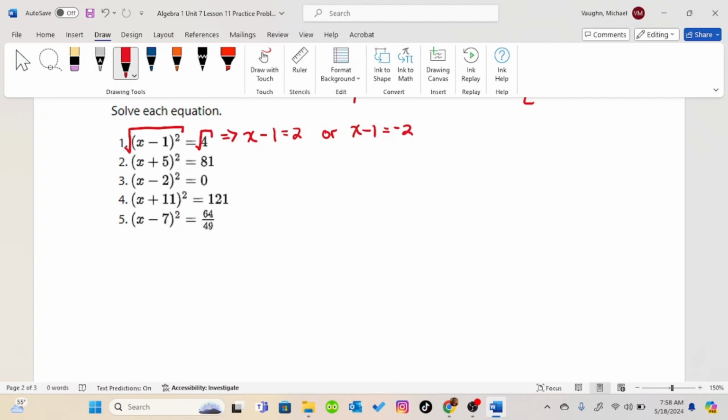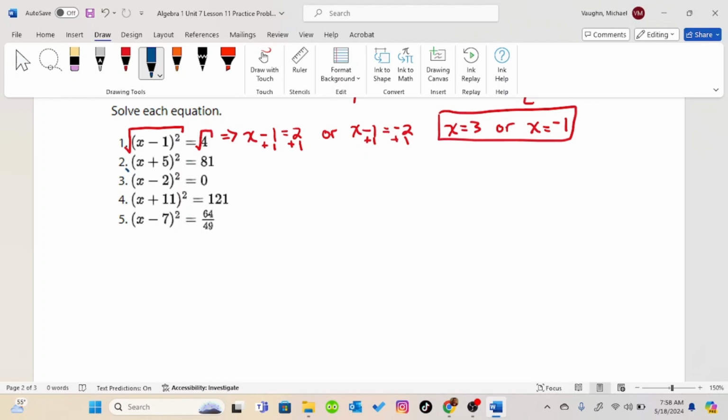In the first one, we would add 1 to both sides, and x equals 3. In the second one, when we add 1 to both sides, x equals negative 1. So those would be our 2 answers.